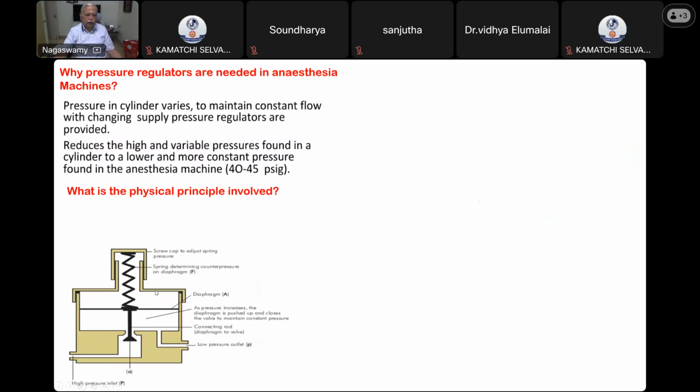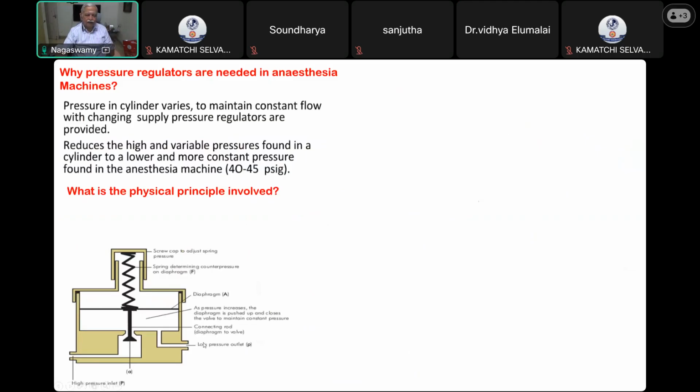So what will happen if you push the diaphragm here? Will pressure decrease or increase? Supposing this dark line you are seeing is the diaphragm, and I push the diaphragm to this position here, what will happen to the pressure? It decreases, because the area is increasing further.